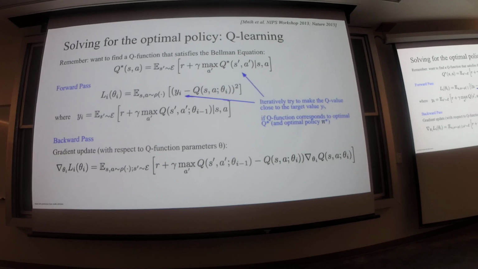Yeah, you discount the next step, and then the next step after that. Yeah, that's right. This is given the policy, so Q without the star. Given the policy, this is the expected cumulative reward if you start in that state with that action.